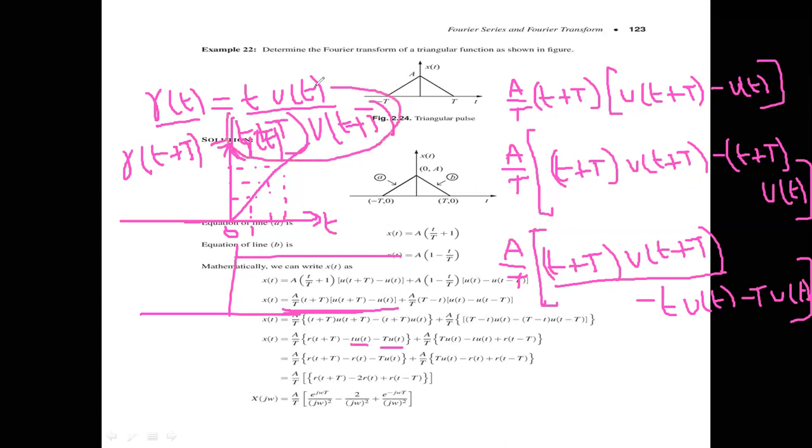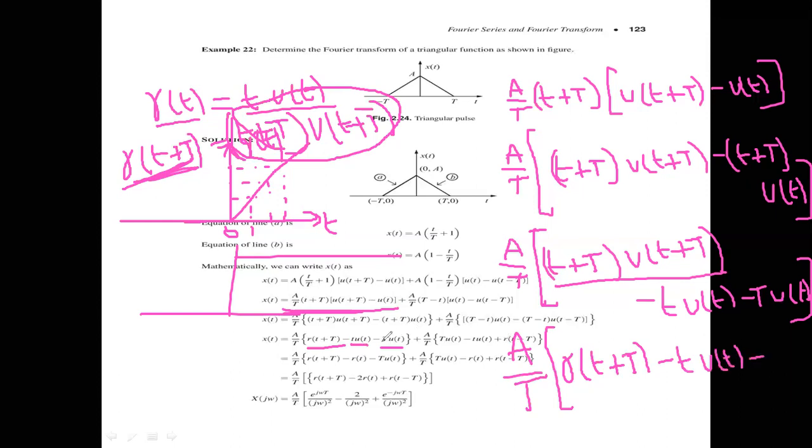So t plus capital T mu of t plus capital T is equal to what is the equation here? r of t plus T. So A by T, and this total function is r of t plus T minus, you see here, t into mu of t minus capital T into mu of t. Okay, my dear students. This is the equation we got.